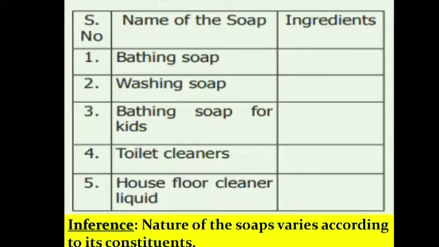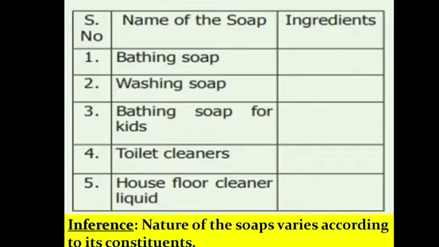So you can see here, this is the tabular column that is given in your book. We have various soaps: bathing soap, washing soap, bathing soap for kids, toilet cleaners and house floor cleaner liquid. Nature of the soaps varies according to their constituents.